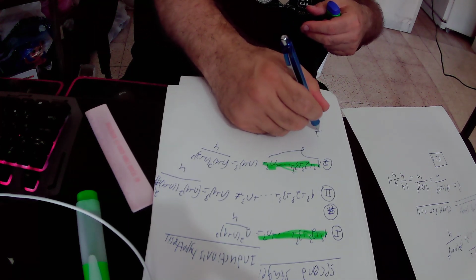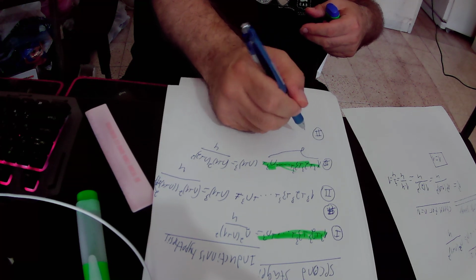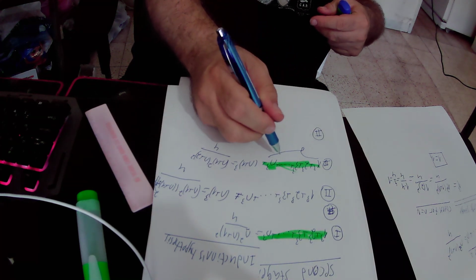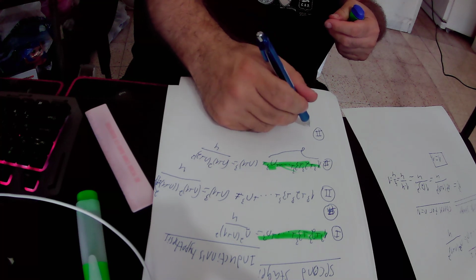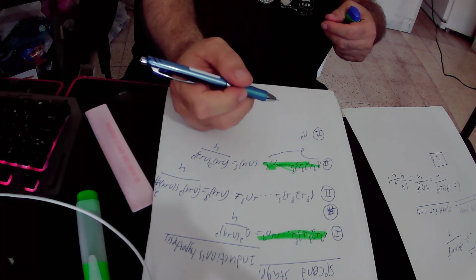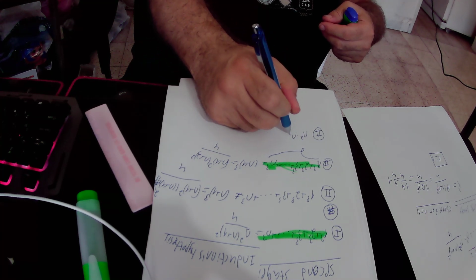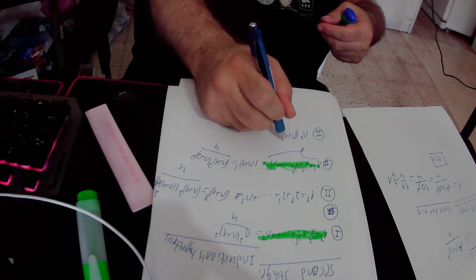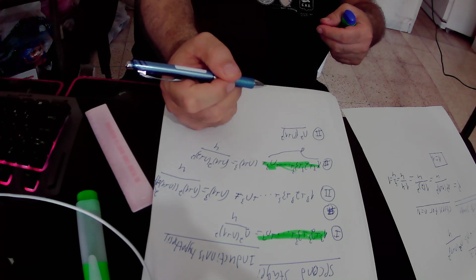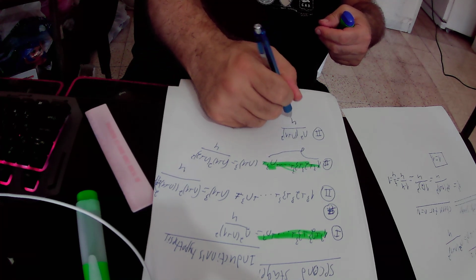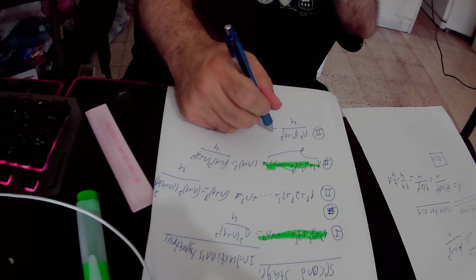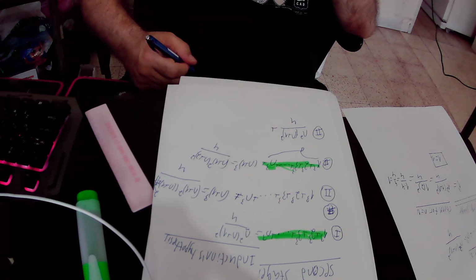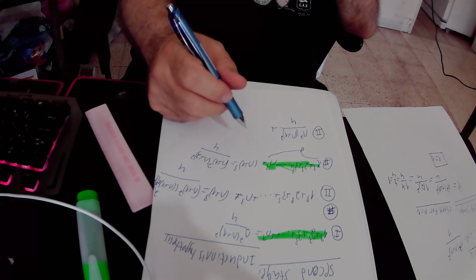So instead of 1 to the power of 3 plus 2 to the power of 3 plus 3 to the power of 3 plus n to the power of 3, we can write n squared times n plus 1 squared divided by 4, plus n plus 1 to the power of 3, equals n plus 1 squared times n plus 2 squared, all divided by 4.